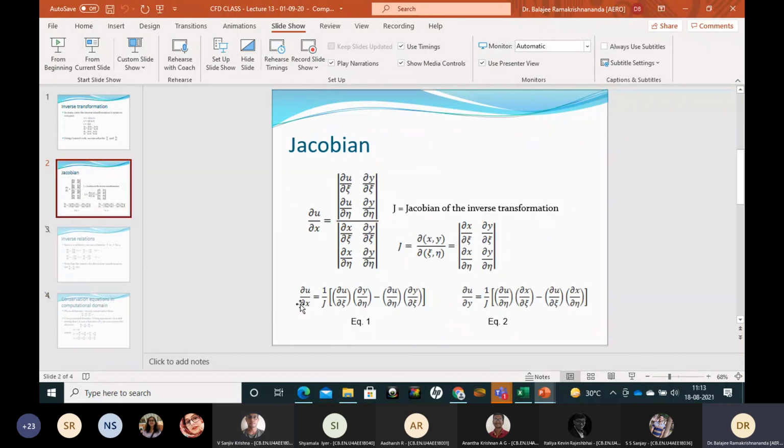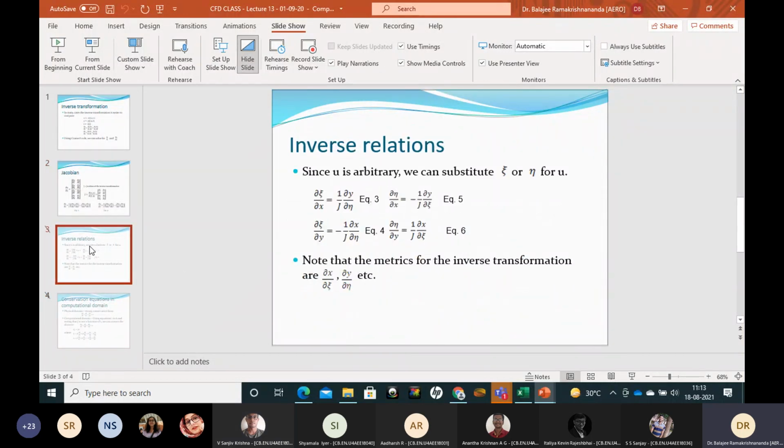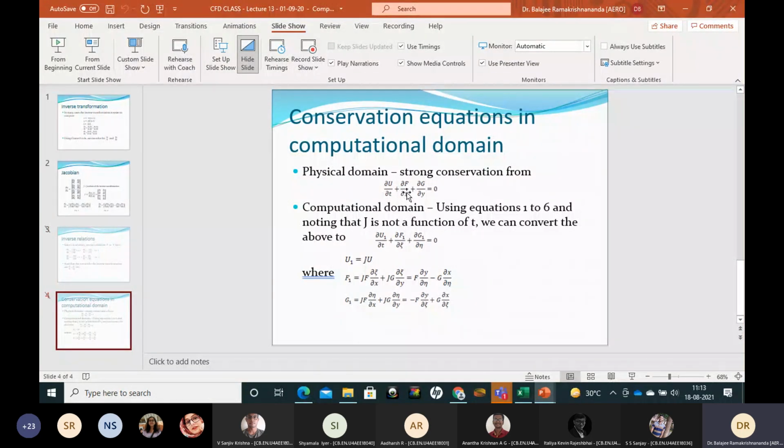Okay. So now you transform using these things, dou e by dou x, dou e by dou y. Our aim is to write these equations in the computational domain, right? These are the equations in the physical domain or physical plane. If you want to write in the computational domain, you need to know this in terms of x and y. Dou u1 by dou tau is actually dou t. Never mind, t is equal to tau, so we don't need to worry much about that.